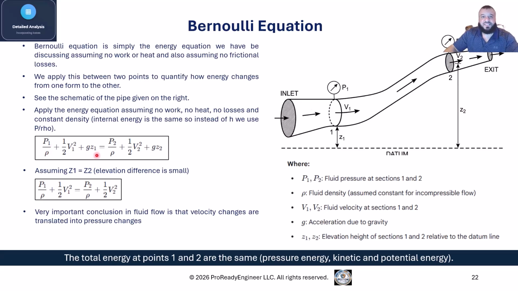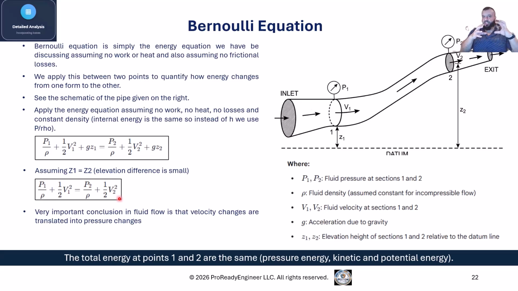Let's simplify it more to arrive at a very powerful concept. Let's say that the Z did not change much. Elevation is not much different. Take the g delta Z out. Here's what it looks like. Now, this is very powerful. It says that when a fluid is moving, pressure and velocity energies, their sum is the same.